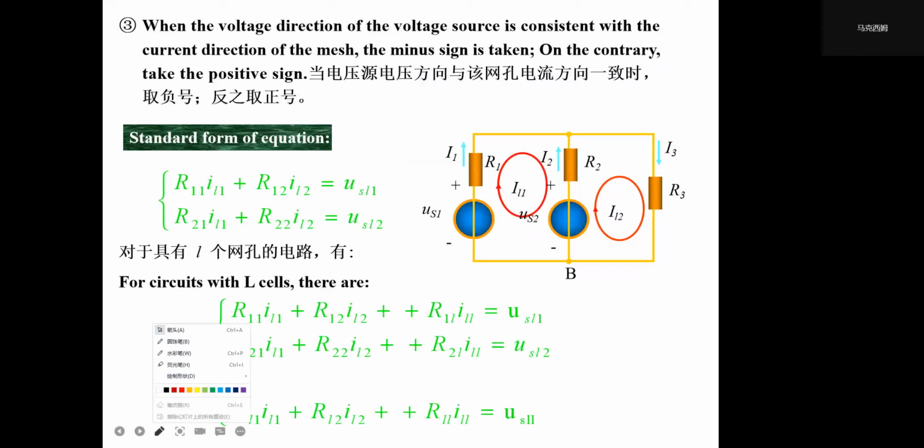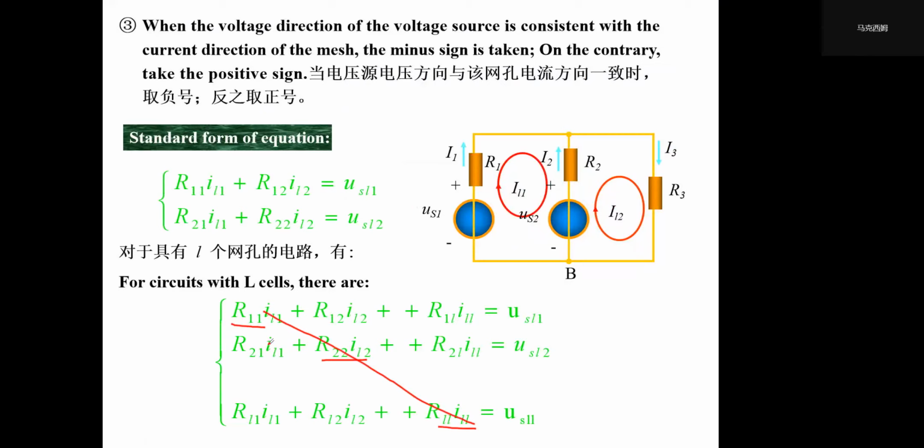So all the self-resistances are on the diagonal line. And we have R21 and R12, they are the same, and R1L and RL1 are the same. So we have a symmetrical matrix to represent the combination of the current in each mesh and its self-resistance and the mutual resistance, or the common resistance as you wish.